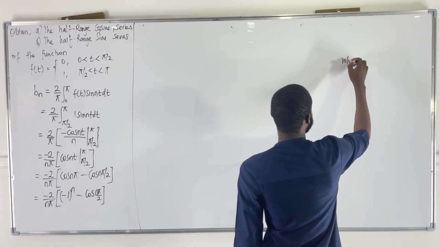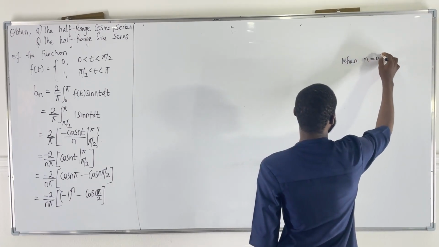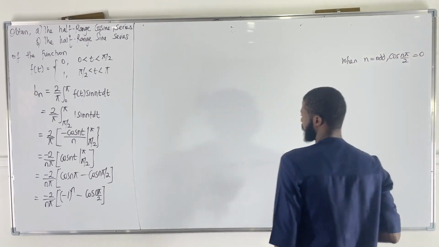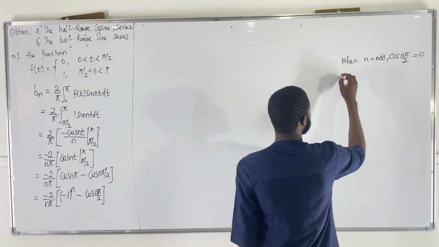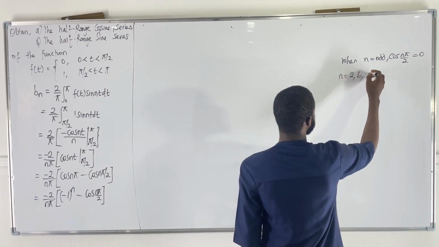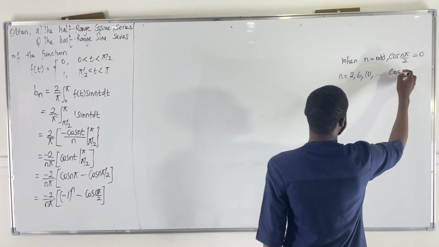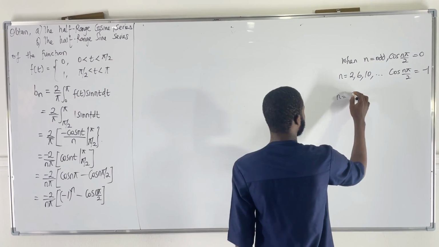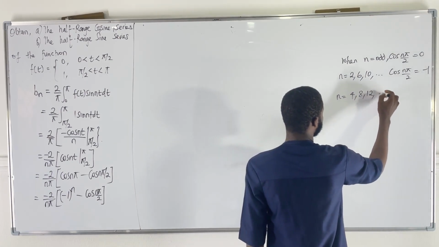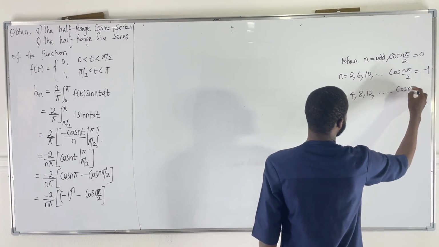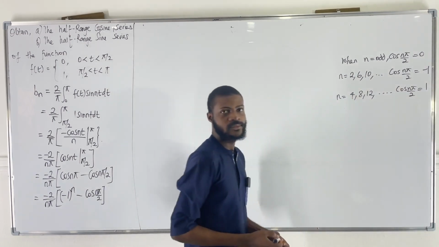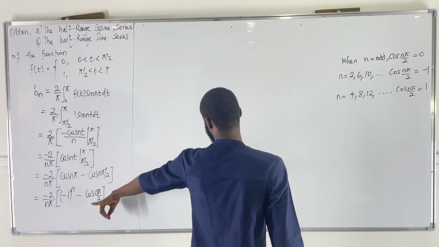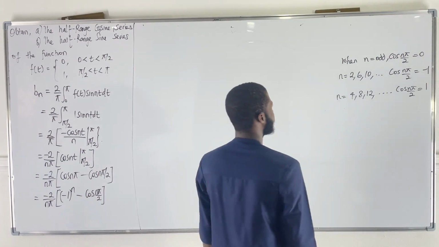When n is odd, cos n pi over 2 would always give you 0. Next, when n is in the form 2, 6, 10, cos n pi over 2 is minus 1. Then when it's of the form 4, 8, 12, cos n pi over 2 is 1. So this is the behavior of this guy.